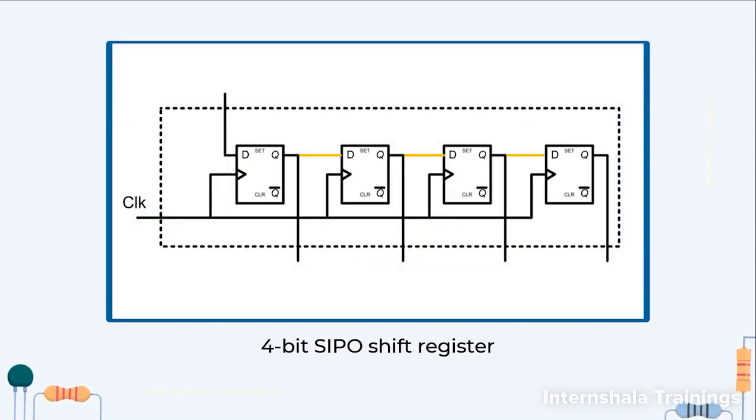Now let us have a look at the block diagram of the serial in parallel out register, which is designed using D flip-flops. We can observe that there is only one input pin. The clock of every flip-flop is one single clock signal, which means all of them are synchronized.